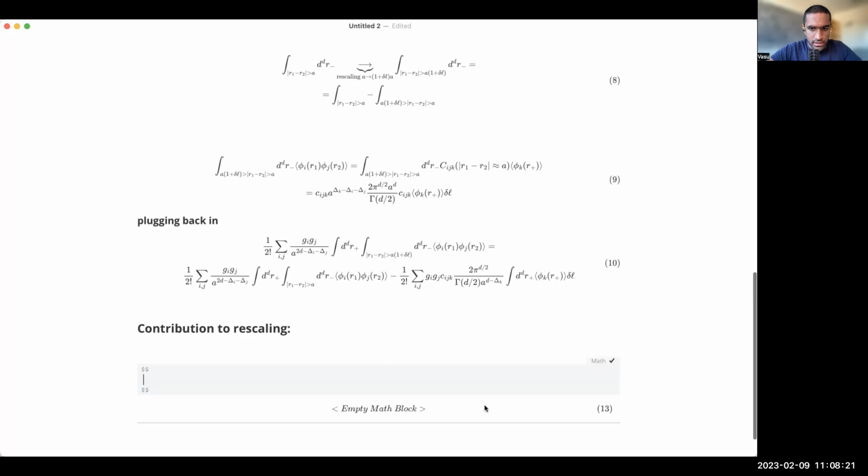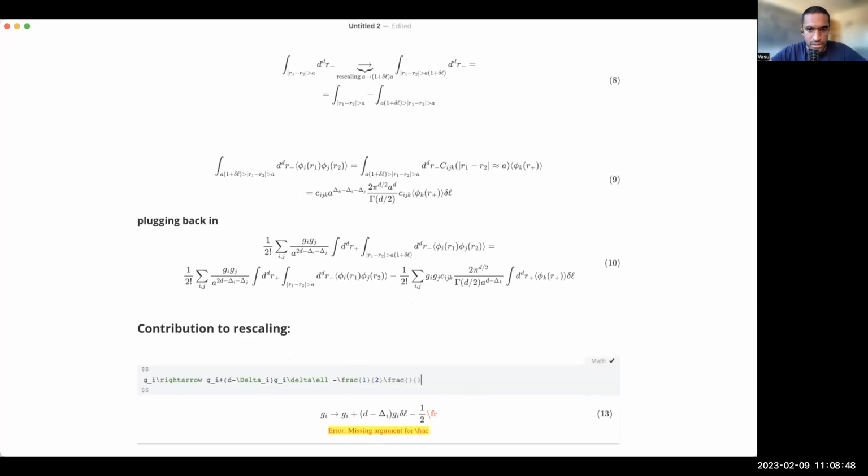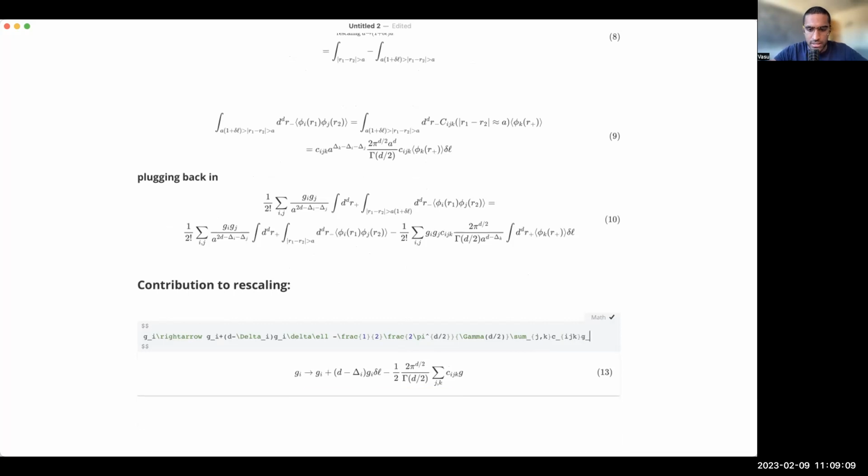We had to rescale already gi by d minus delta I, gi, and now we have 1/2 of the 2 times the sum over k, c ijk gj gk.